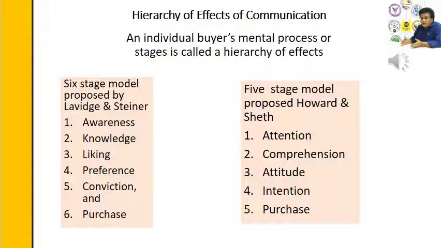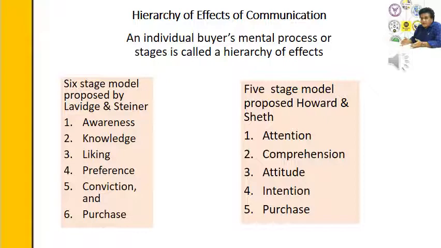After preference comes conviction. When a buyer is convinced that your product is the best product for him or her, then it leads to purchase. So these are the 6 stages proposed by Lavidge and Steiner: awareness, knowledge, liking, preference, conviction, and purchase.